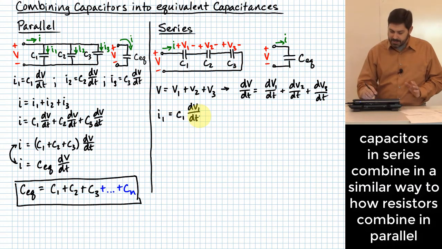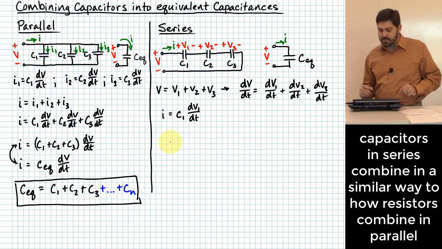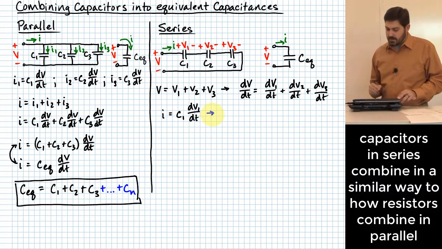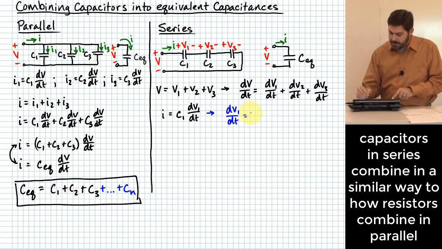So instead of labeling that I1, what would you rather label it maybe? Just I. Okay? Now what if I take that little equation before I move on further? Can I solve that thing for dV1 dt? I can. dV1 dt is going to be equal to I over C1.